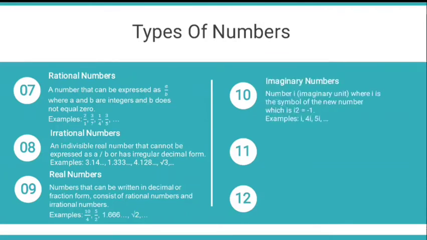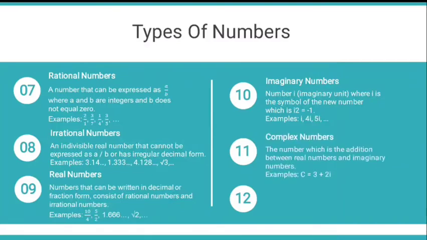Imaginary numbers. Imaginary numbers are numbers involving i. i is the imaginary unit, where i is the symbol of the new number, which is i squared equals -1. Examples: i, 4i, 5i, and so on.